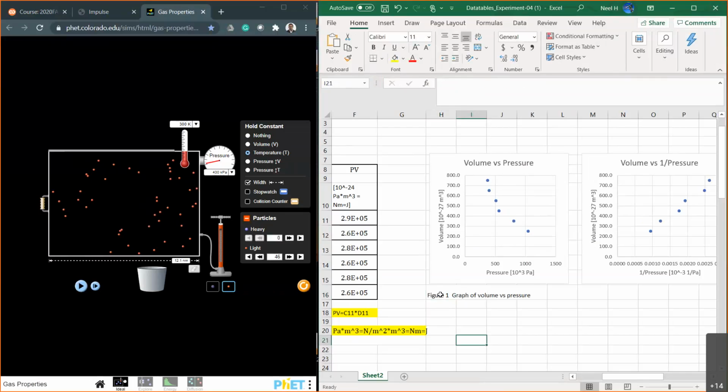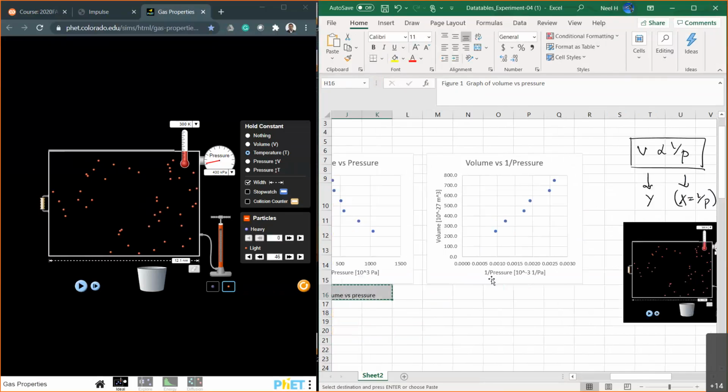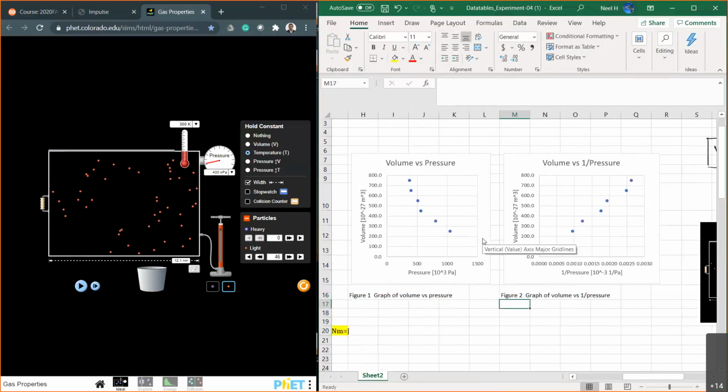Okay, and then similarly name every graph. This you can say for the moment figure 2, but make sure you check those numberings, okay? Depending on how many figures you have before, this is going to be volume versus 1 over pressure. Okay, question.